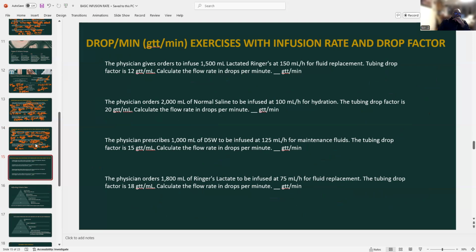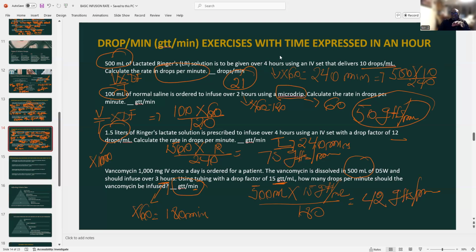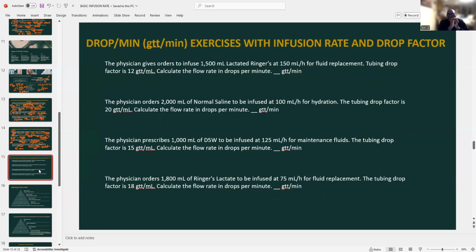So far here, they were giving you a volume, a drop factor, and a time. It's not always going to be that way. Sometimes they can give you an infusion rate. How do I know it's an infusion rate? We learned infusion rate is milliliters per hour. So when I say milliliters per hour, that right there is my infusion rate.